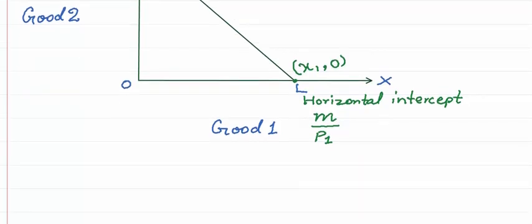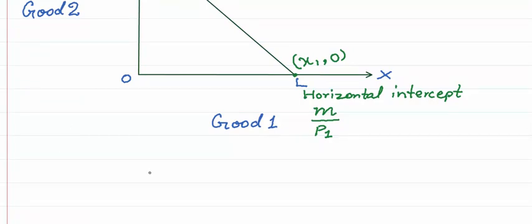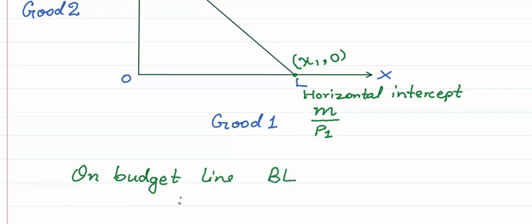Now on the budget line, as we have seen the equation, the budget line given to us is BL. So on the budget line BL, we have P1 x1 plus P2 x2 is equal to the income of the consumer, because any combination of quantities of goods x1 and x2 on the budget line utilizes the complete income of the consumer.